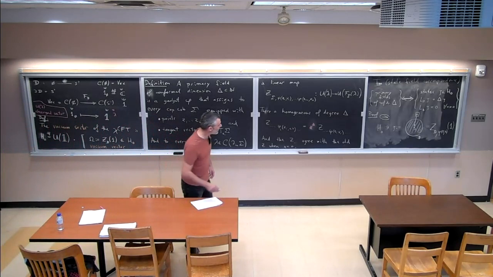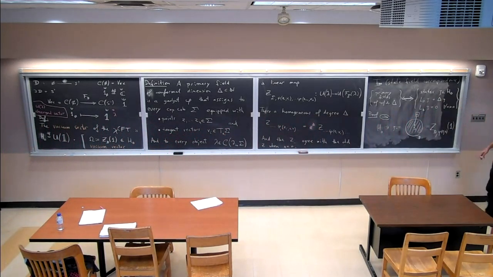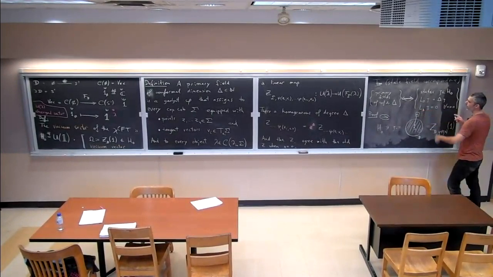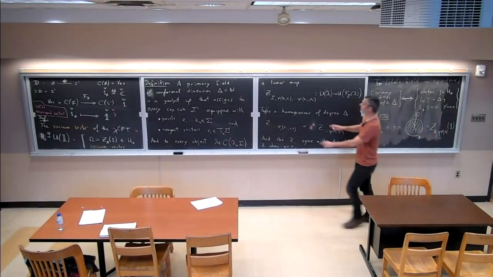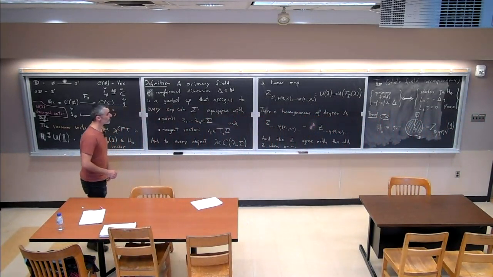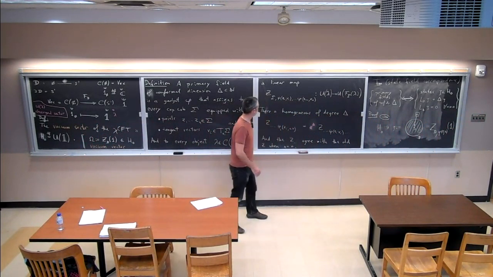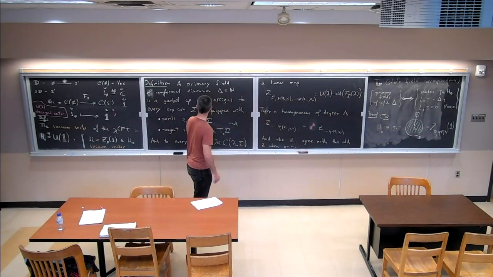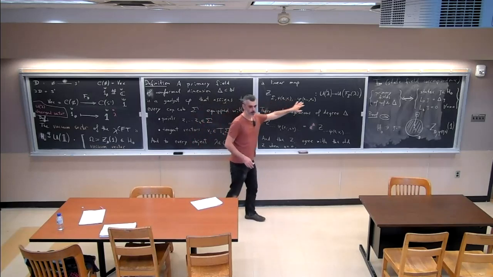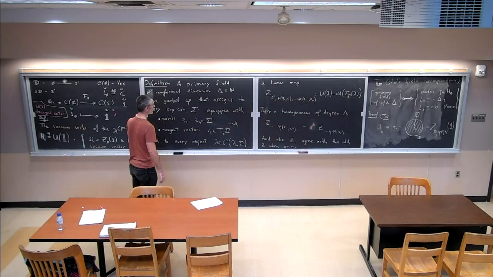How do you go the other way? Given a vector, how do you produce these things here? Okay, so suppose I have one of these setups. I have a surface with a whole bunch of points and a whole bunch of vectors, and I need to do something with that.